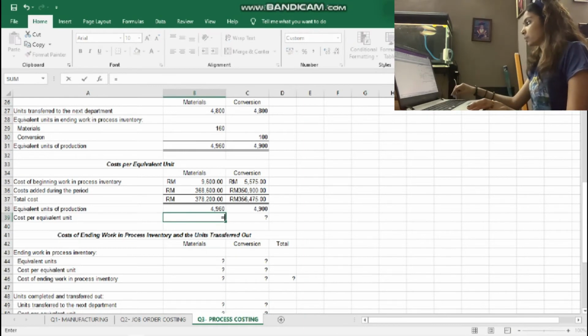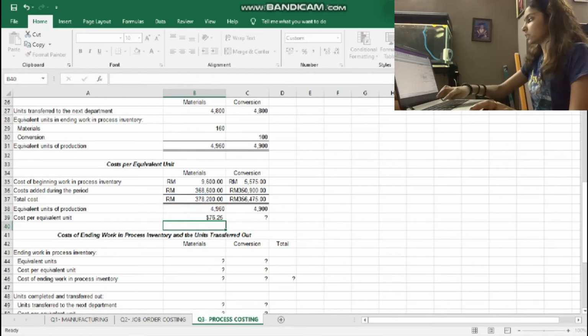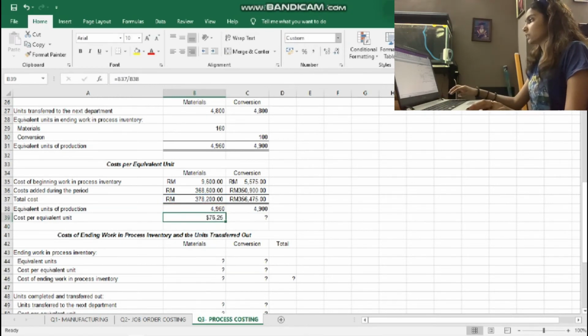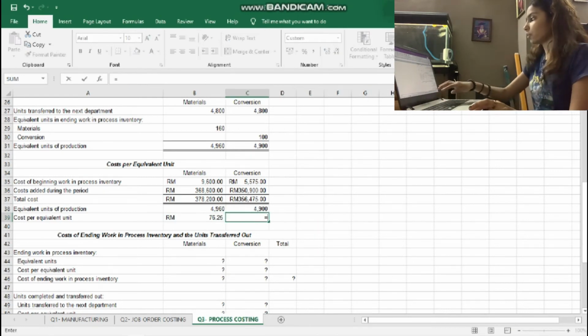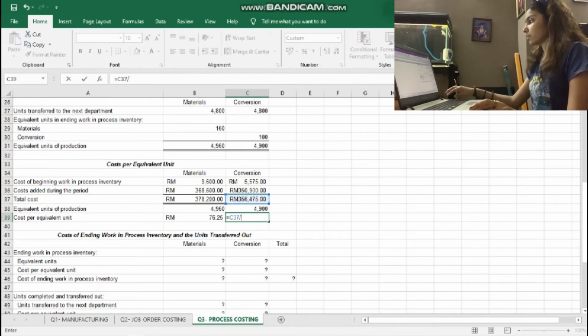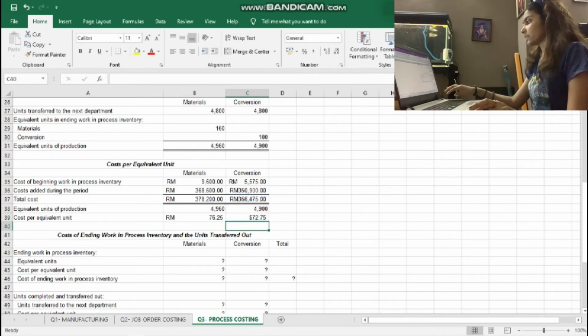So for cost per equivalent unit, we have to take this 378,200 divide with 4,960. So we will get 76 ringgit and 25 cents. For conversion is the same, 356,475 divide with 4,900. You will get 72 ringgit 75 cents.